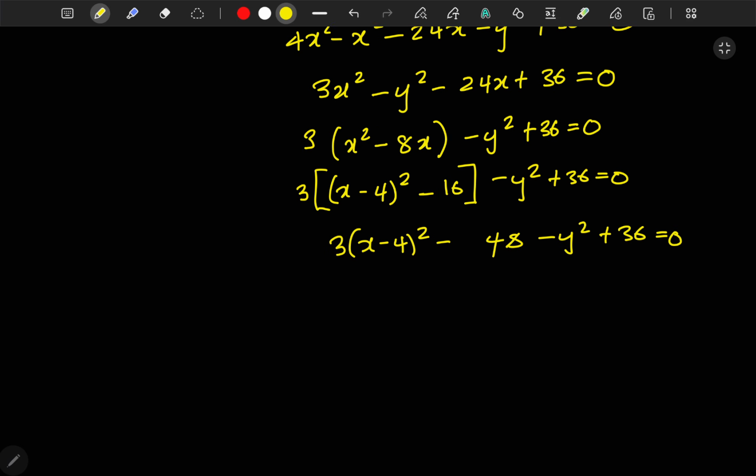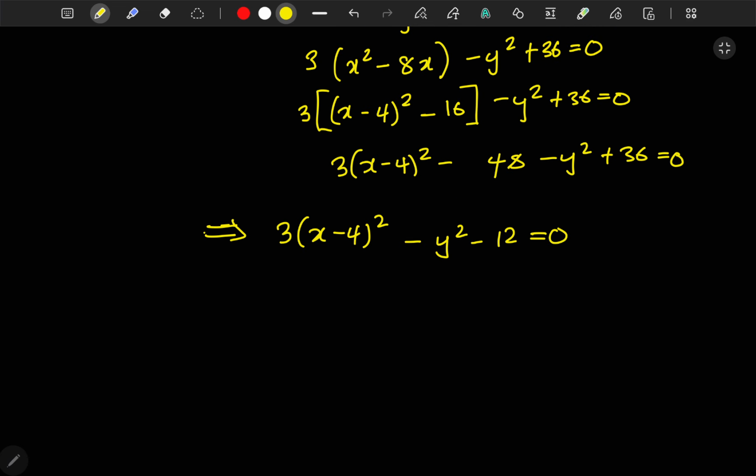Then to subtract, I should be able to get negative 12. So this would be 3(x minus 4) squared minus y squared minus 12 equals 0. You can see that the hyperbola is coming out.